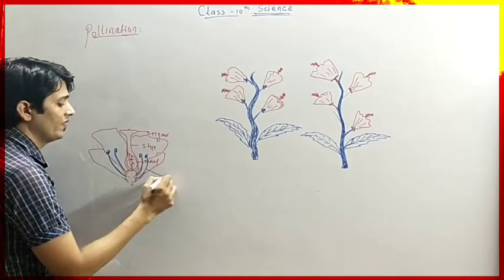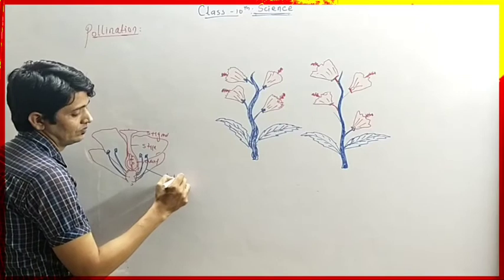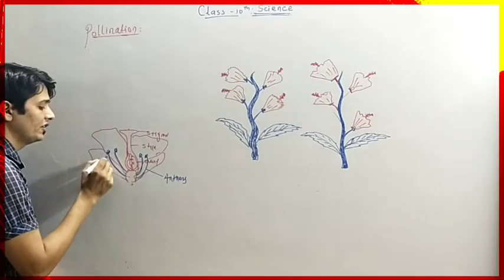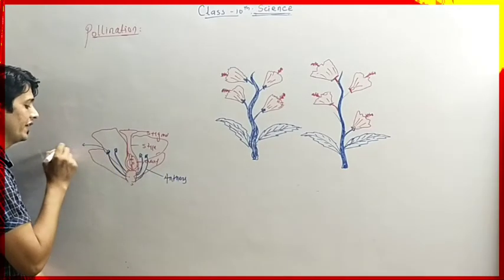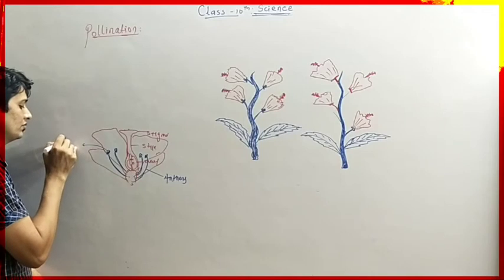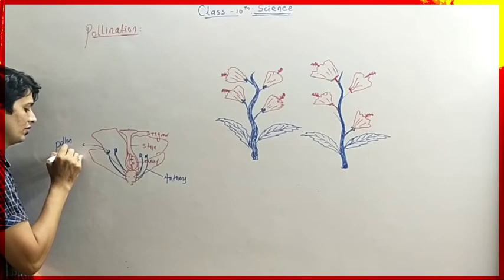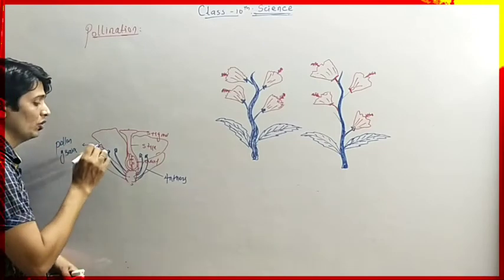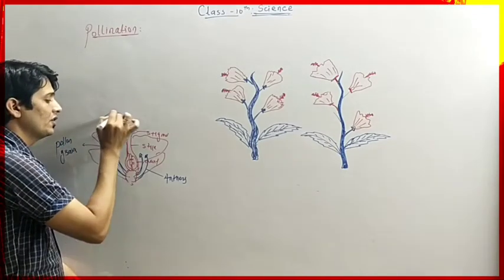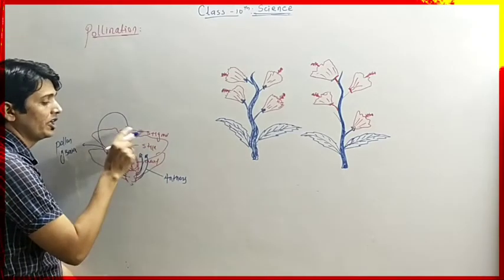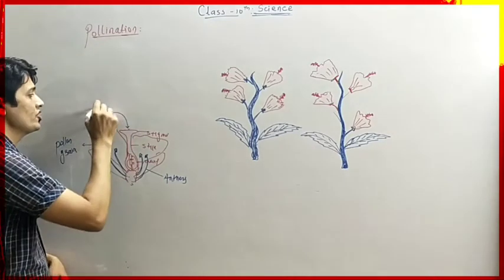They are anthers, and at the tip of the anther pollen grains are present. So pollen grains transfer from anther to stigma is called pollination.